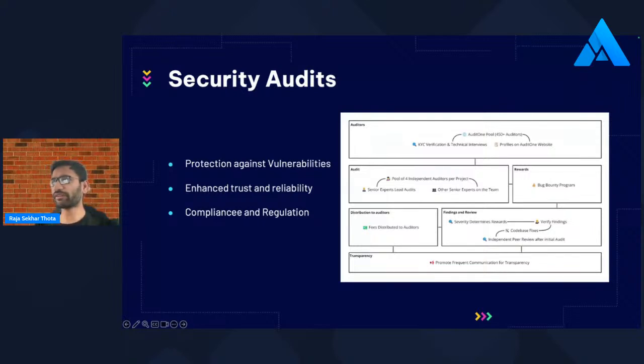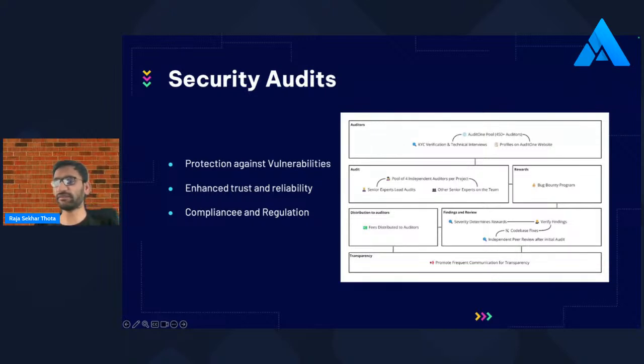Now what I want to present is, if you look on the right side of the slide, there is a picture of how AuditOne does these security audits, so that we ensure that an audit is not just done by one person but by a pool of people. On our platform currently we have 450 plus auditors, of which nearly 100 are eligible for audits.